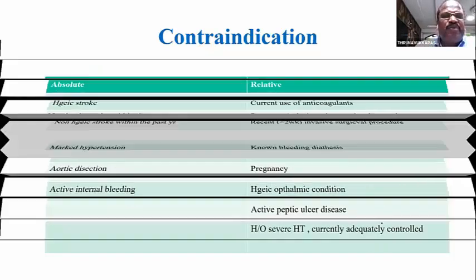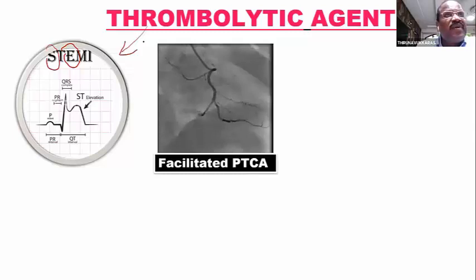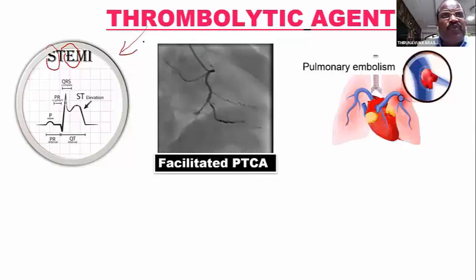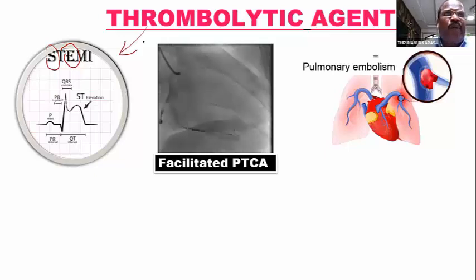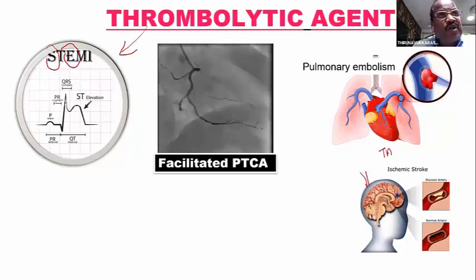Another very important MCQ point: thrombolytic agents are very much useful only for ST elevation MI. They are also useful for facilitated PTCA, and for pulmonary embolism, acute embolism. They are also useful for TIA and thrombotic stroke, not for hemorrhagic stroke.